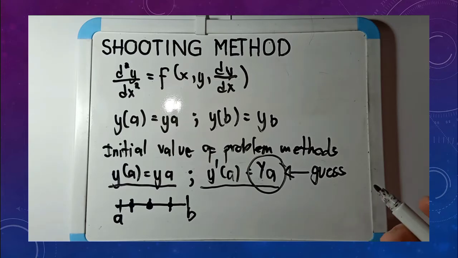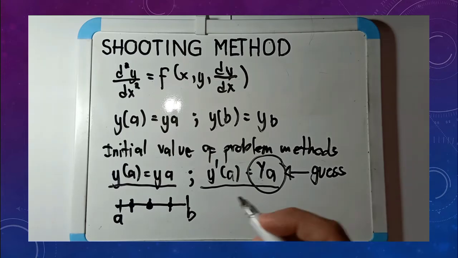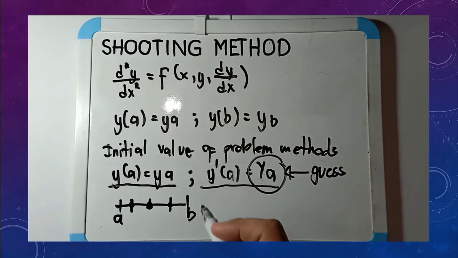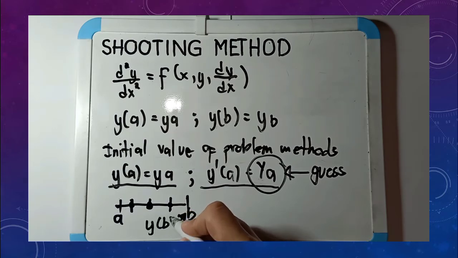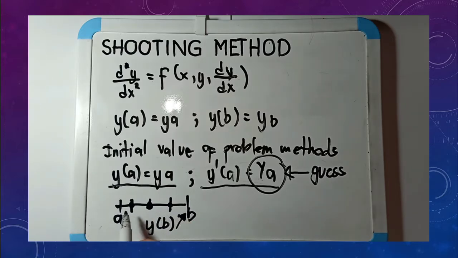Then eventually, we are going to end up right here, which is at x equal to b. And in here, we can get the value of y sub b by using some numerical methods with the initial value problem. But the value of y sub b here is not going to be the same as this number right here.